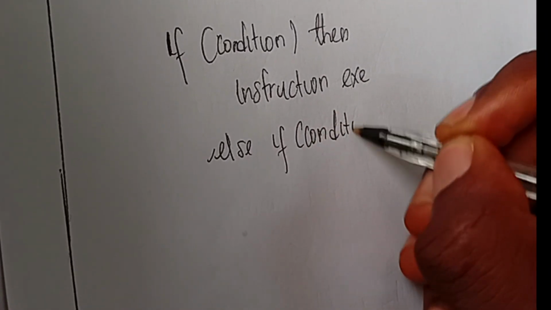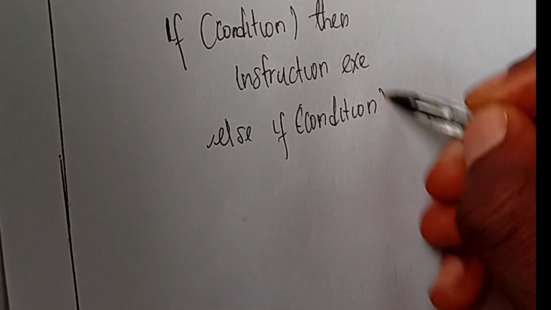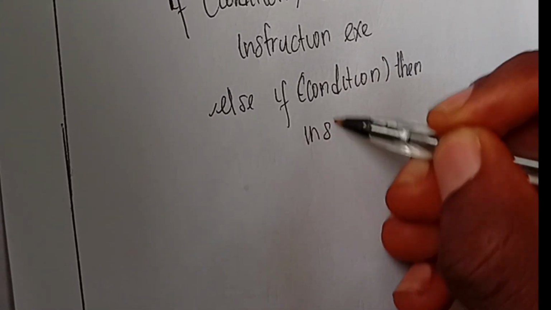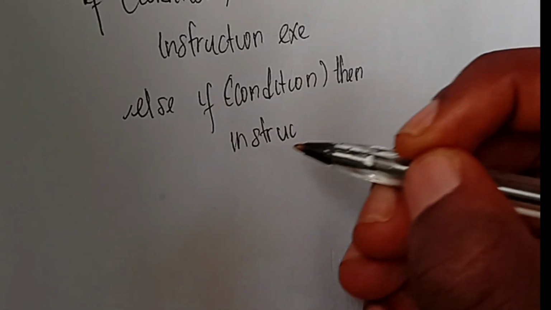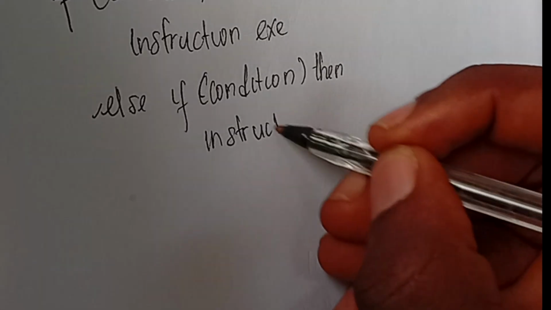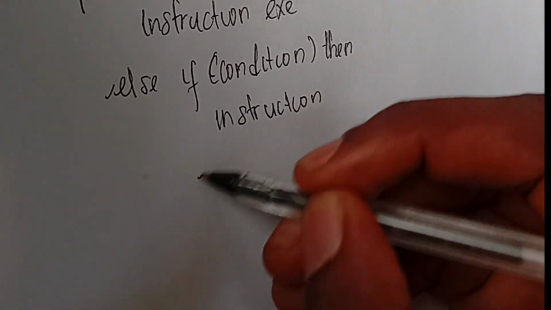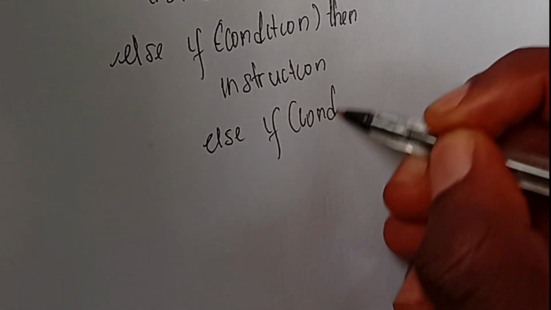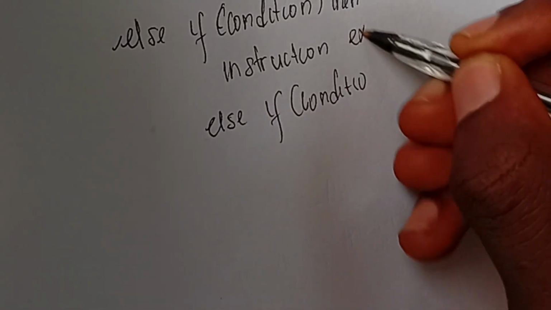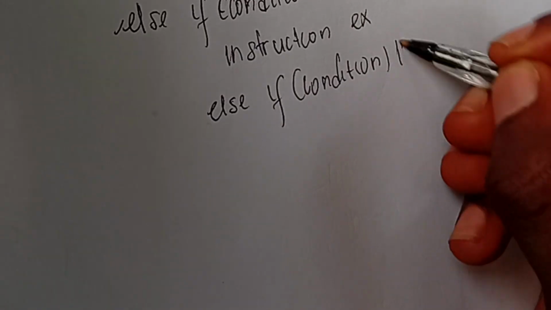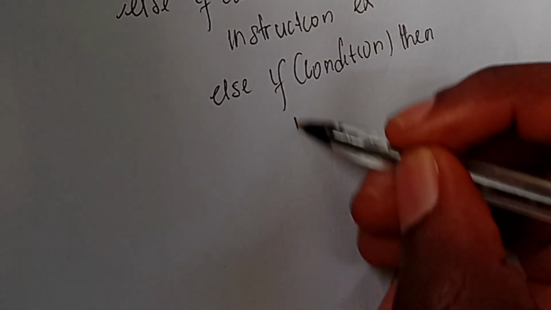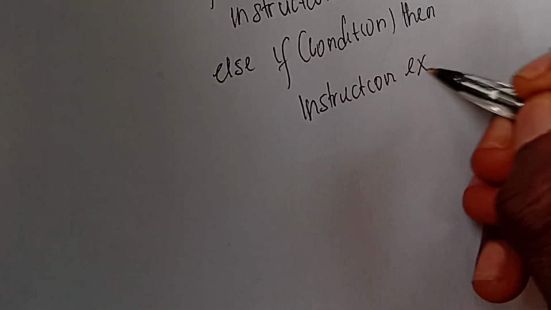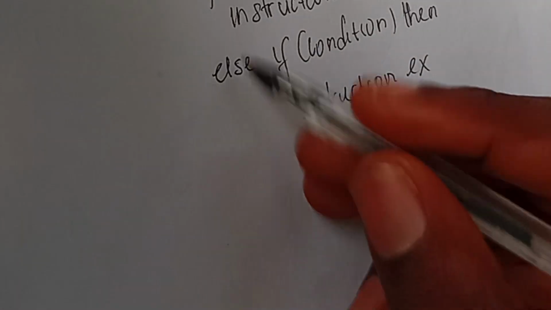So multi alternative, like it has multiple conditions, so you need to check if all these conditions are true. So that's kind of the thing here, hence the name multi alternative. Else if another condition execution, then instruction execution, and let's just end it there.